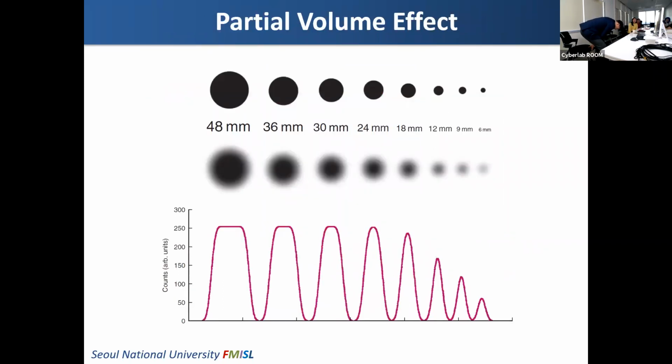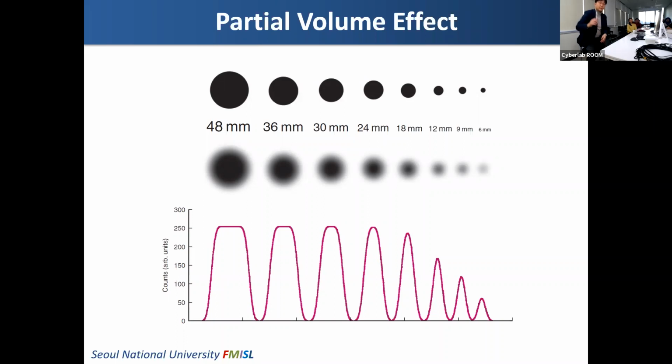Another physical effect we should understand is the partial volume effect. Partial volume effect means that the count and activity that we observe from the image will depend on the size of the object. I mean that if the size of your cancer, your object, is too small, the activity and count will be underestimated because of the limited spatial resolution of imaging systems.